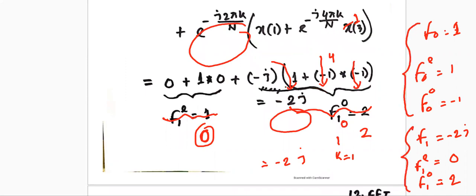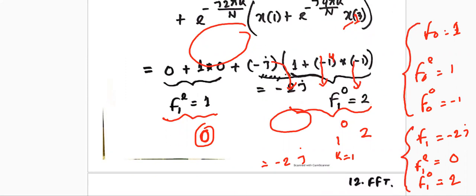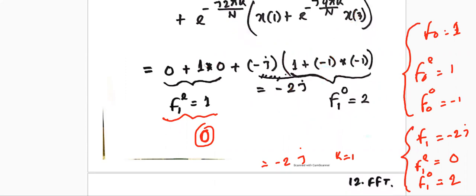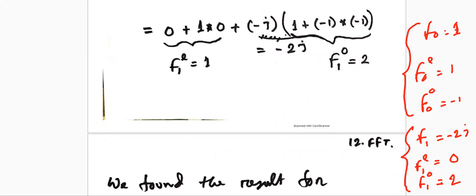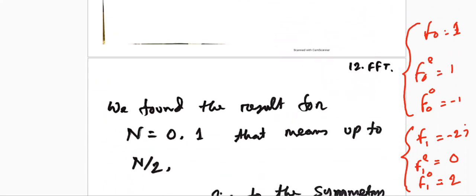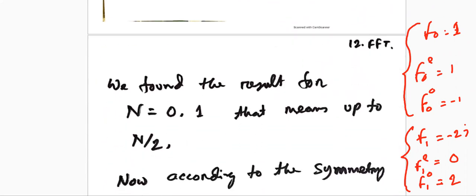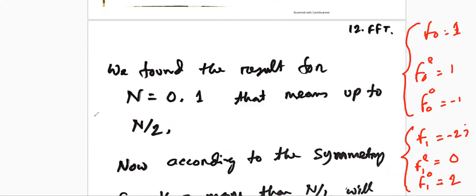This is for f1. Now we found the result for n equals 0 and 1. You can say that means for k equals 0 and 1. We have found this result.